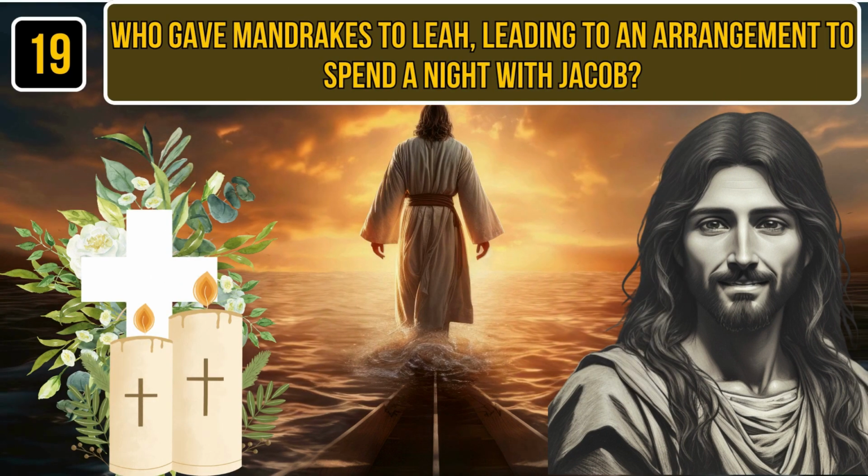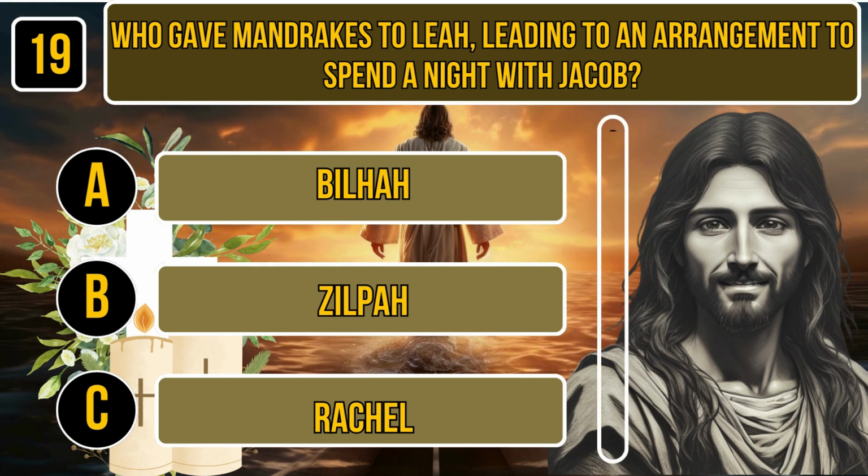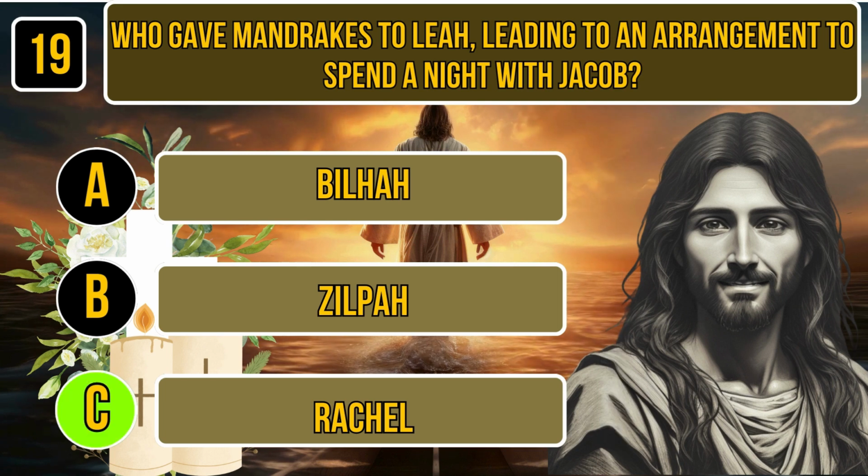Question number 19. Who gave mandrakes to Leah, leading to an arrangement to spend a night with Jacob? A. Bilhah. B. Zilpah. C. Rachel. Time for thinking. The correct answer is Rachel.